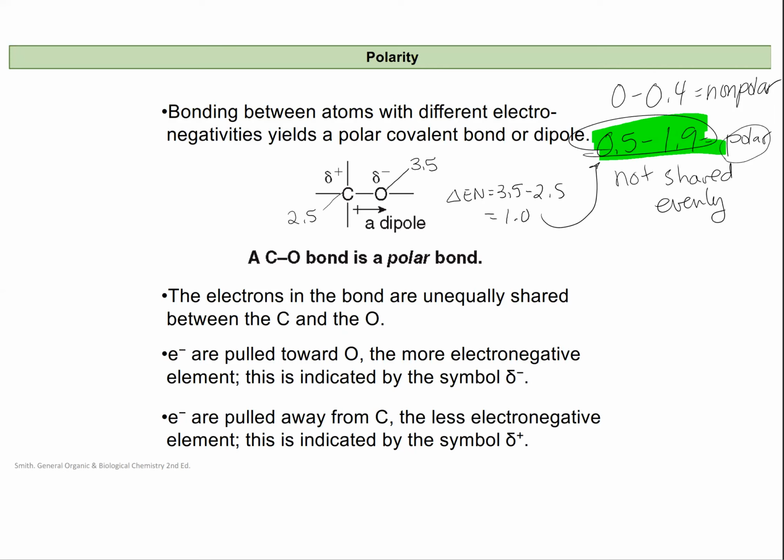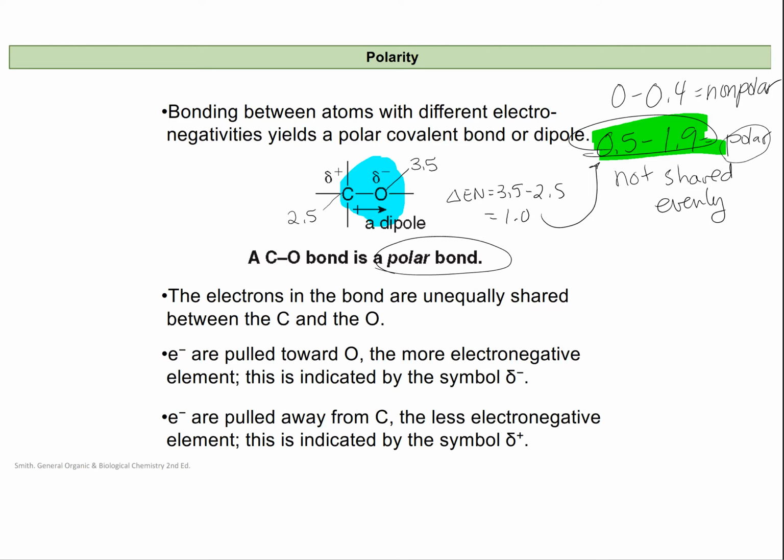And so we consider this a polar bond between the carbon and the oxygen. This means that the electrons are not evenly shared between them. They're pulled more towards the oxygen than the carbon, which you can imagine as an electron cloud that is disproportionately around that oxygen compared to the carbon. So there's just more room around there.